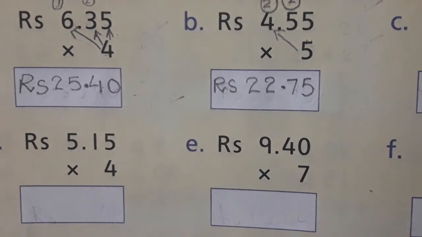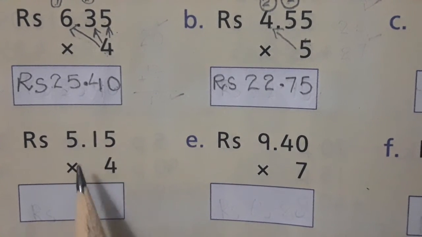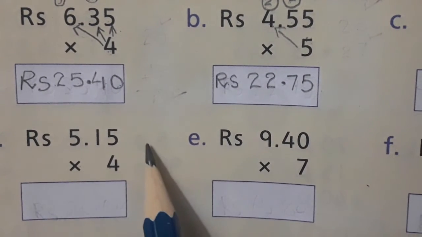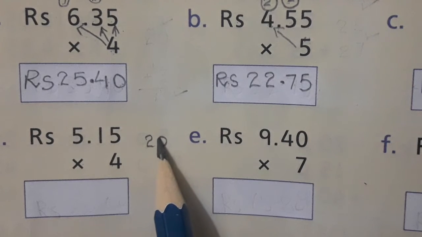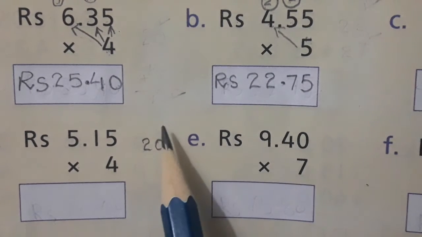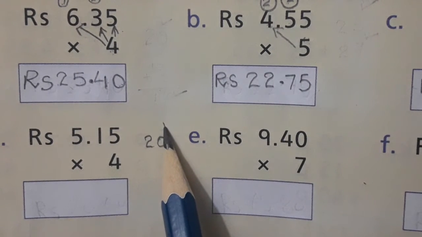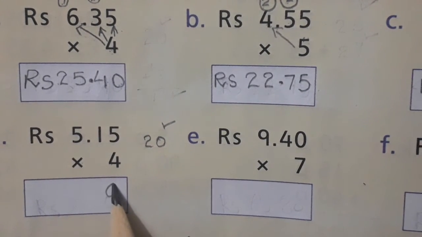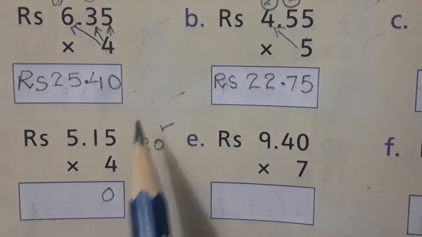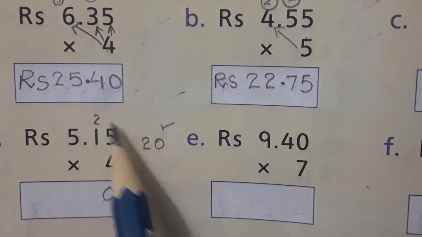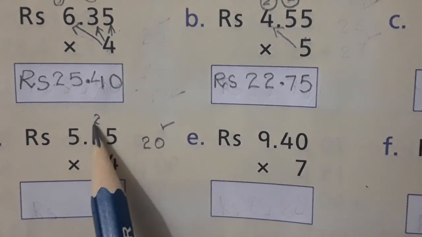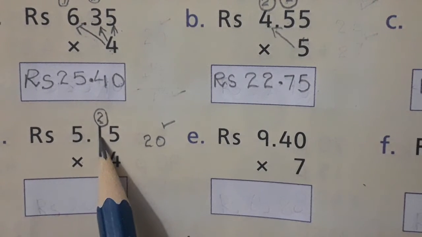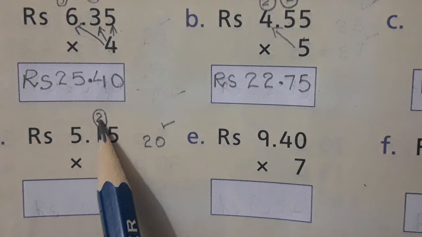Okay, now move to the next question, part D. Rupees 5.15 multiply 4. 4 fives are 20. So what we will do, students? Obviously we will choose the right digit. So the right digit is 0. We will write 0 over here and 2 will move to the left side number. 4 ones are 4 plus 2.